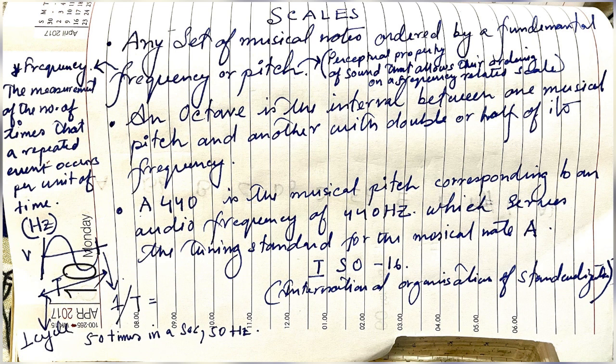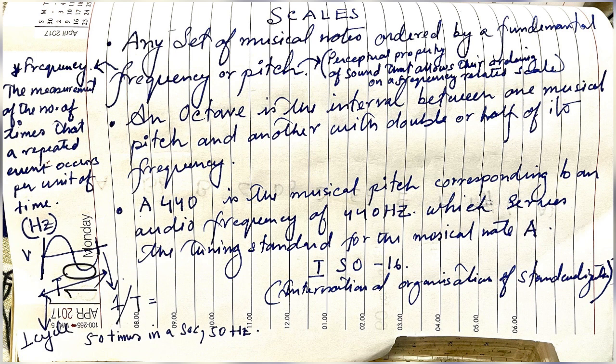You must have heard something about 440 Hertz. What is 440 Hertz? 440 Hertz is the musical pitch corresponding to an audio frequency of 440 Hertz, which serves as the standard tuning for the musical note A. There is a middle A in the piano, which is standardized as per the International Organization for Standardization, that is ISO 16.